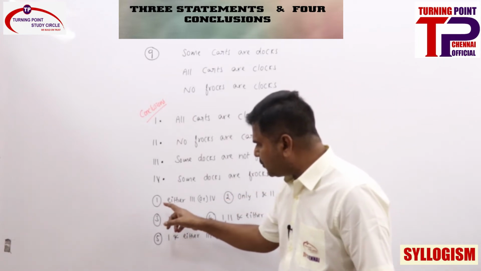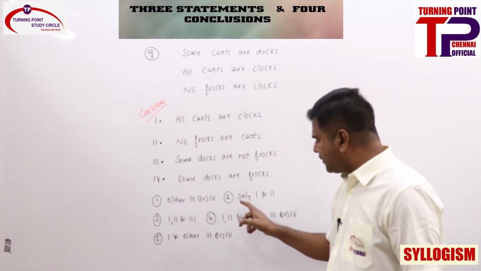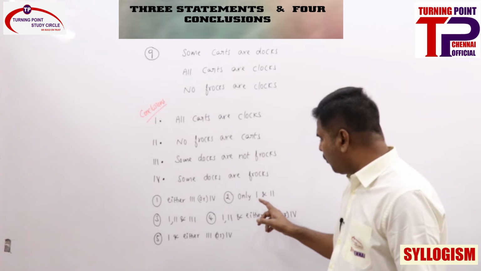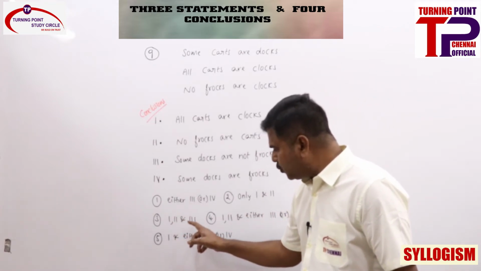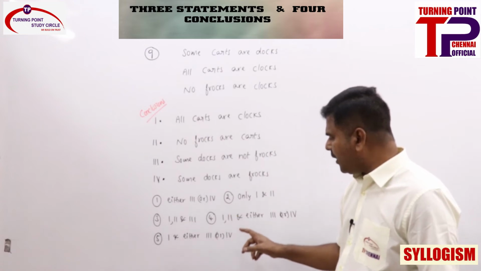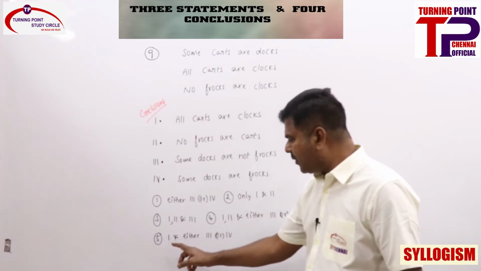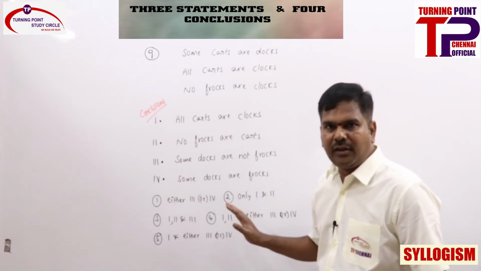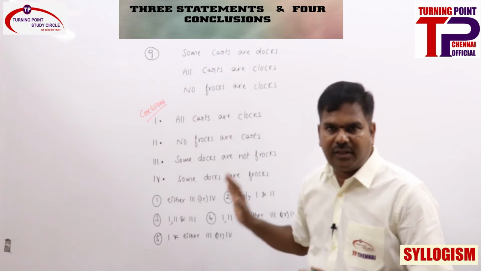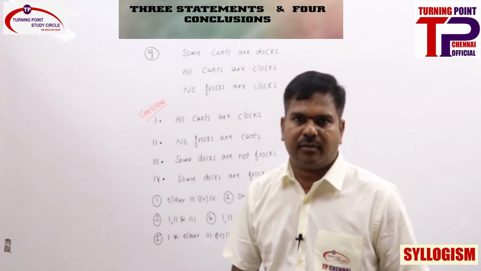Answers: 1 if only either 3 or 4 follows. 2, only 1 and 2 follow. 3, 1, 2 and 3 follow. 4, 1, 2 and either 3 or 4 follow. 5, 1 and either 3 or 4 follow. Clear? So do check everything. I don't want to give any clue. Try it out. We will discuss later.